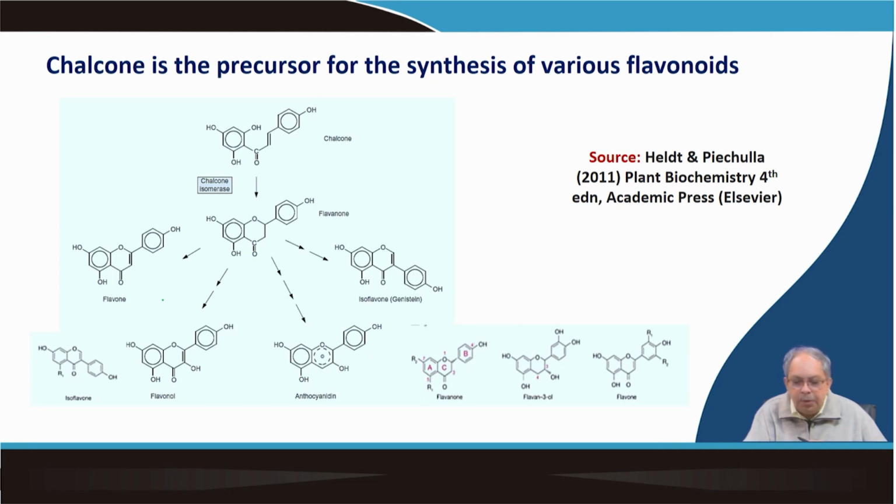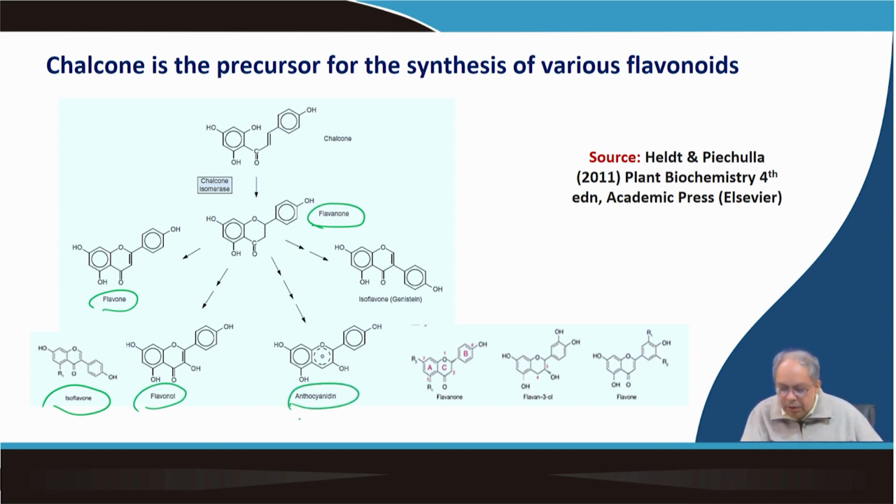And chalcone is the precursor of various flavonoids like I have mentioned flavanones, flavones, isoflavones, flavonols, anthocyanins, and this is typically the structure of flavanone and flavon-3-ols and flavones.